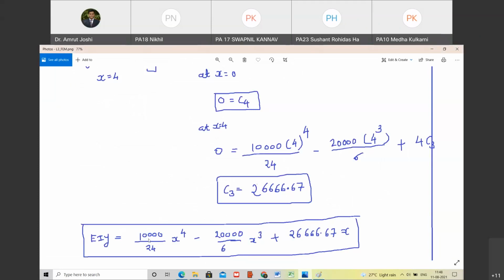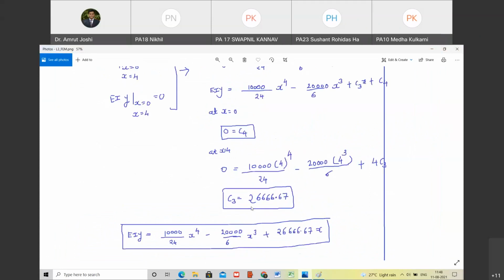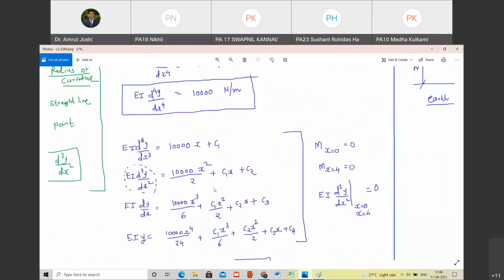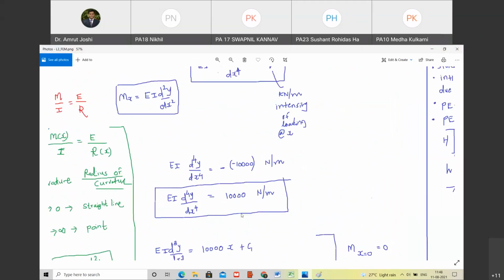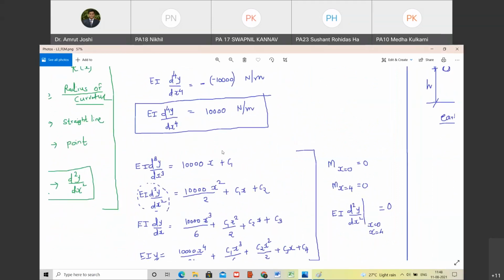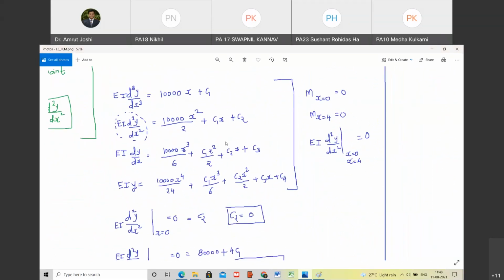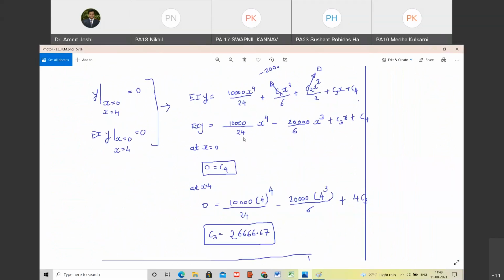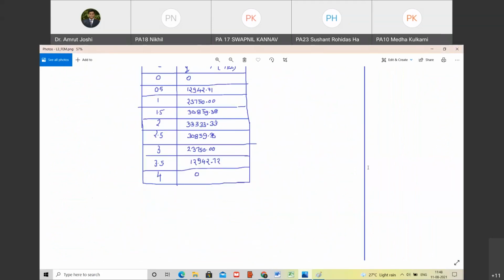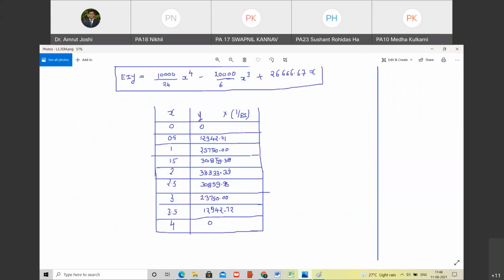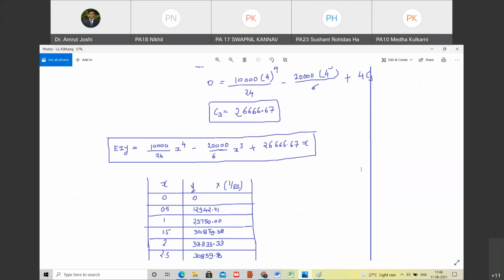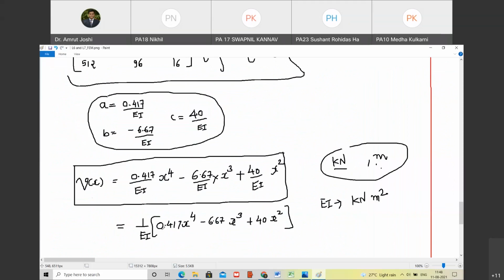Are you with me? Yes. Now can you tell me what is 10,000 by 24? Tell me how much is 10,000 by 24? 416.67. And what is the value that we have got here? 0.417 x raised to 4.